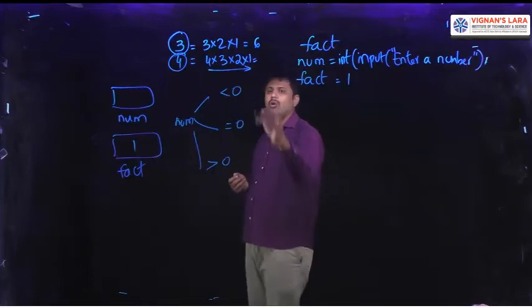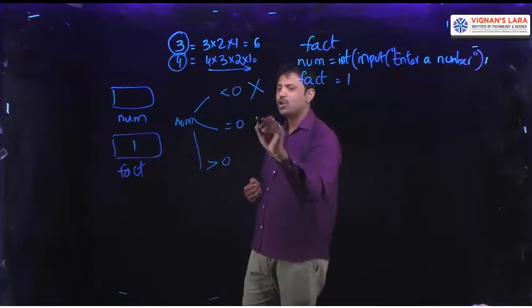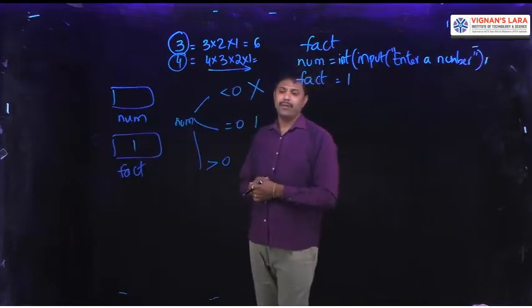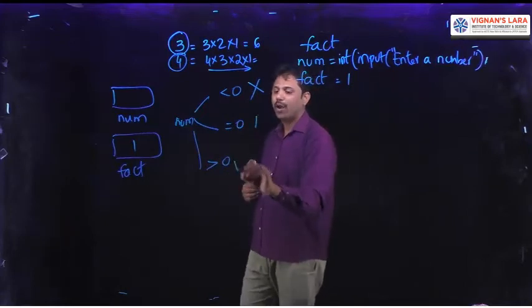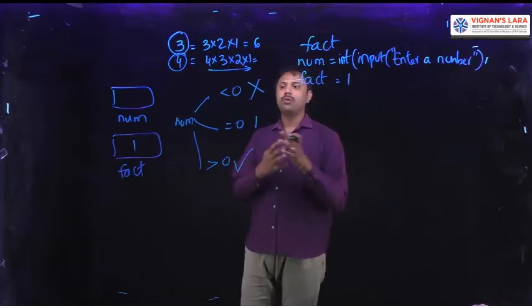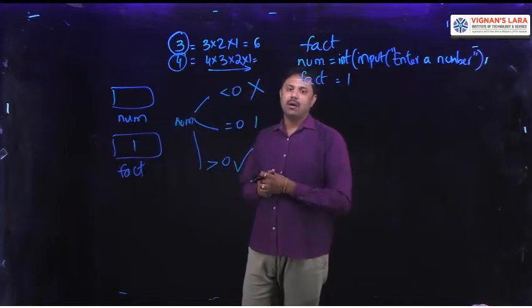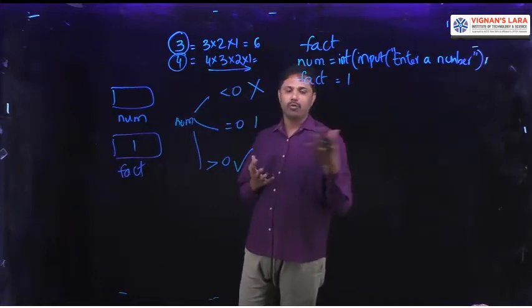Less than 0, there is no factorial for that number. If it is equal to 0, the factorial is 1. If it is greater than 0, then only you have a factorial. So your program should handle these three situations, then only it is going to be a good program.